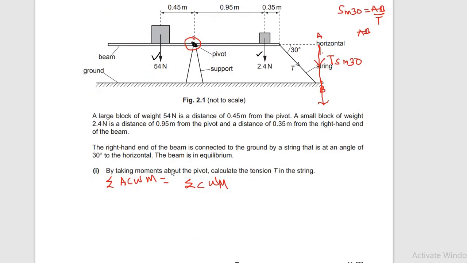This is the principle of equilibrium. At equilibrium, clockwise moment must be equal to anti-clockwise moment, or vice versa.